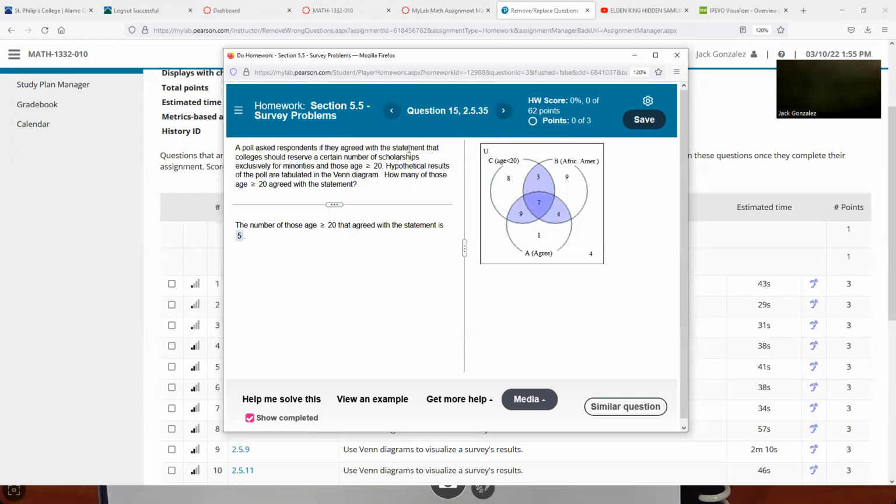Okay. So here's something similar to the question we were doing. A poll asks if they agree with the statement that college students should reserve a certain number of scholarships for minorities. Age 20 and up said agree.